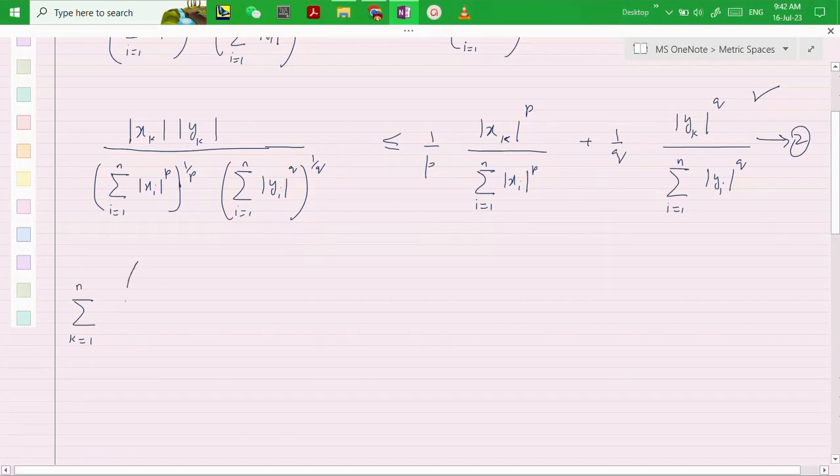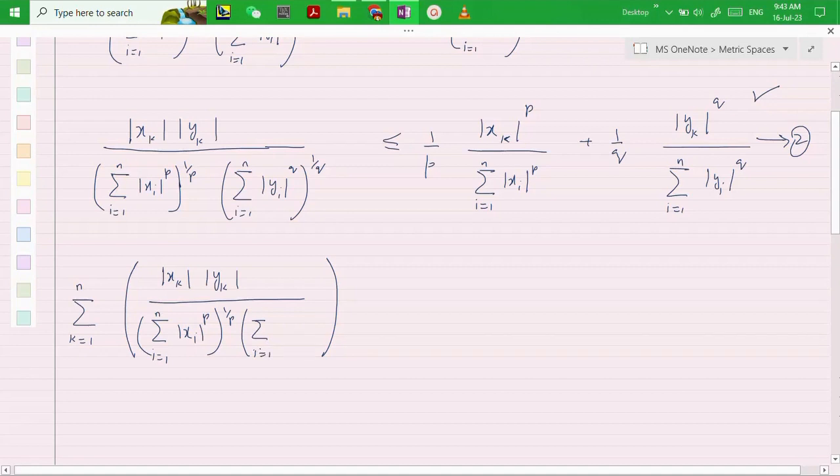So sum of this quantity from k equals 1 to n, we have mod of xk into mod of yk whole divided by summation i from 1 to n mod of xi power p whole power 1 by p, summation i from 1 to n mod of yi power q whole power 1 by q.